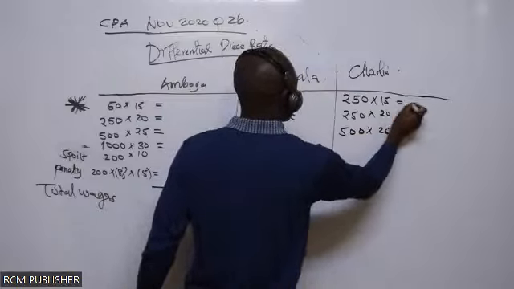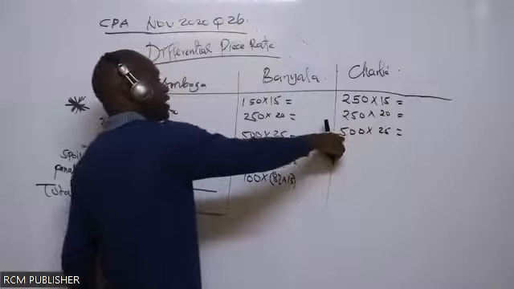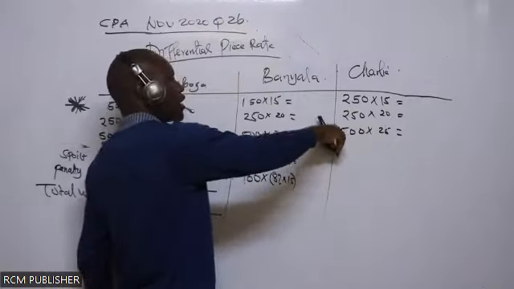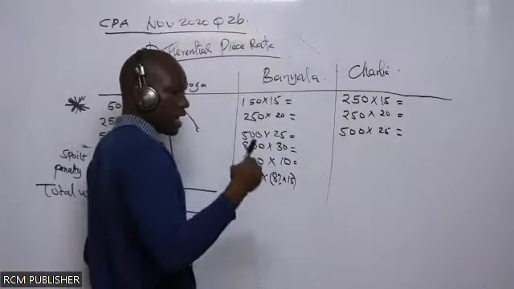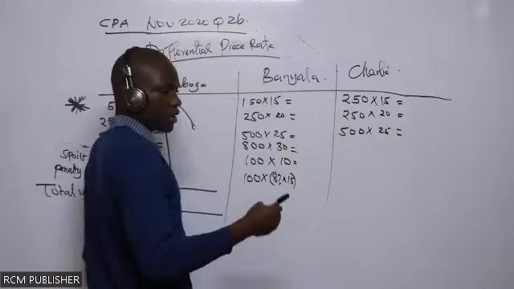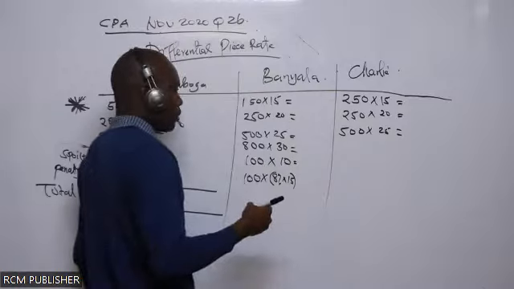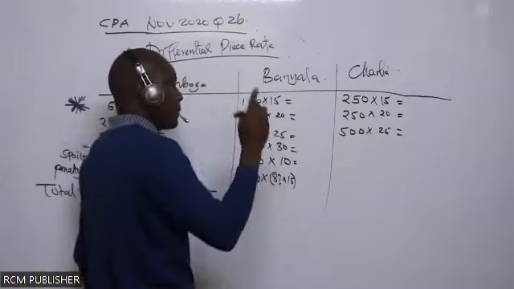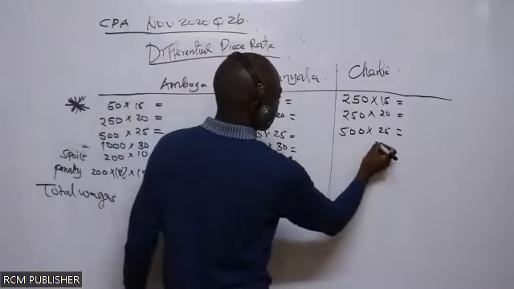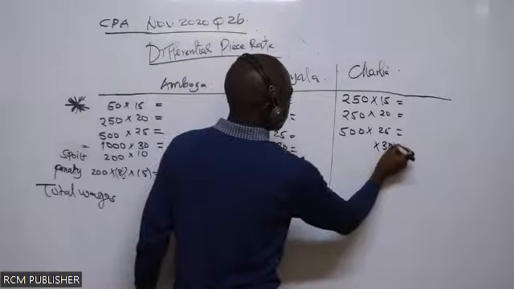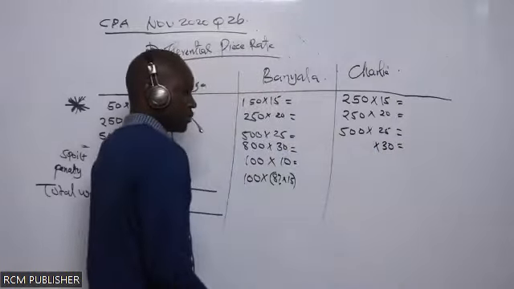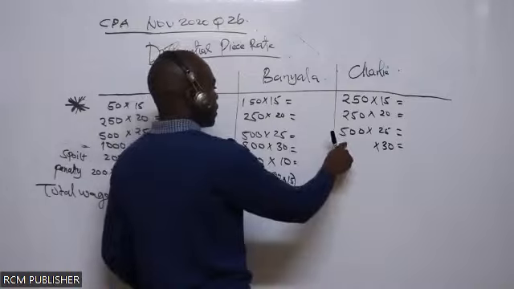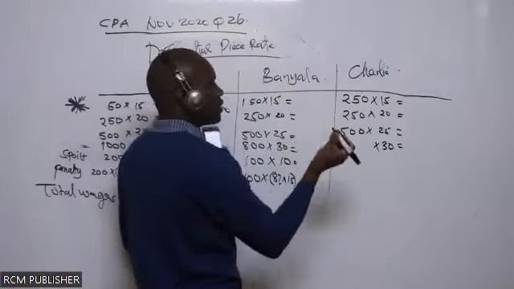If we do that, all this will give us 1,000. Then we are told anything that is over 1,000 will be paid for at what rate? At 30 shillings per unit. This one is 1,000. This person managed to produce 1,650.